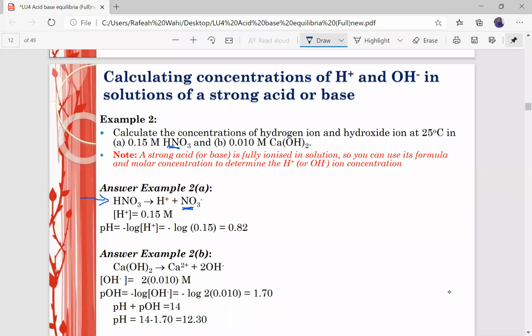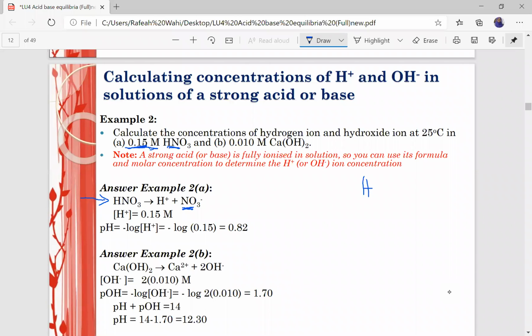The H plus ion concentration is 0.15 molar. Why? When we talk about the molarity of any acid, it is contributed by the H plus ion. So if we have HNO3, with 1 H, the concentration is 0.15.